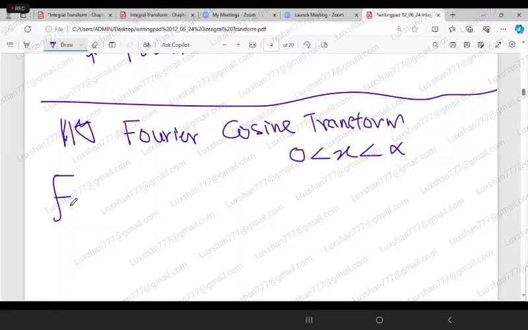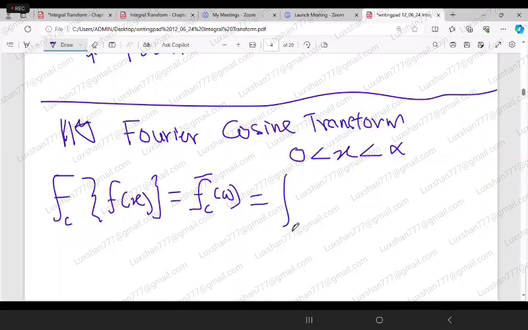Here we put a small c because it is the cosine transform of the function f(x), and we write it as f bar c of omega equal to the integral from 0 to infinity of f(u) cos omega u du.